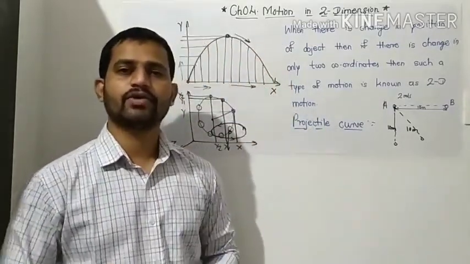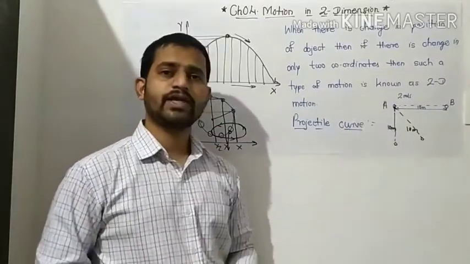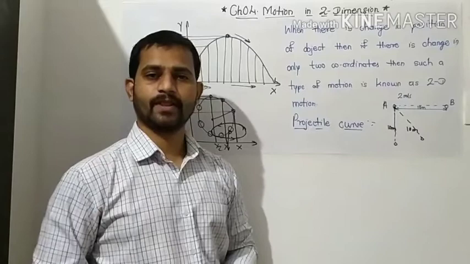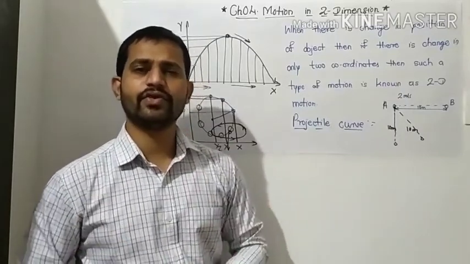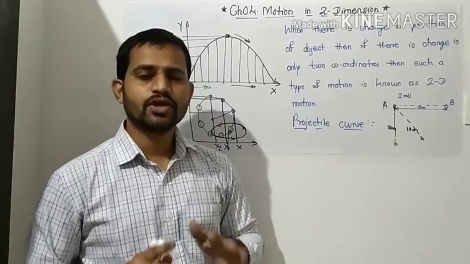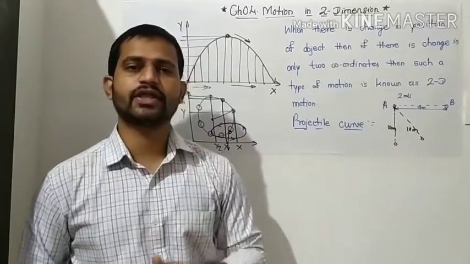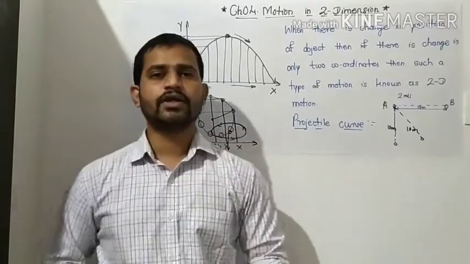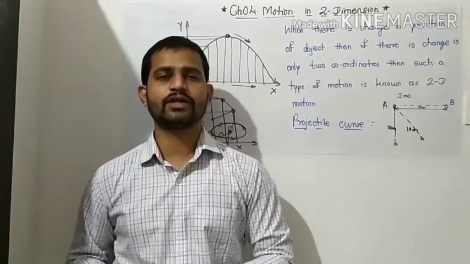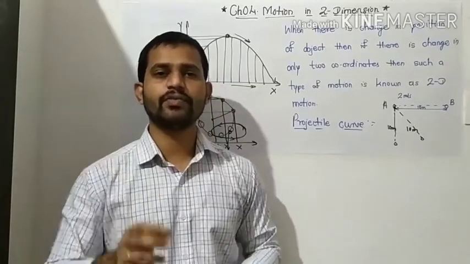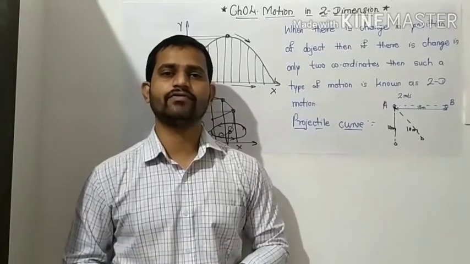Why? Because I have not told you in which direction point B is. You are not aware of the direction in which you have to go. I am just telling you that you have to travel the 10 meter distance at 2 meters per second within 5 seconds.